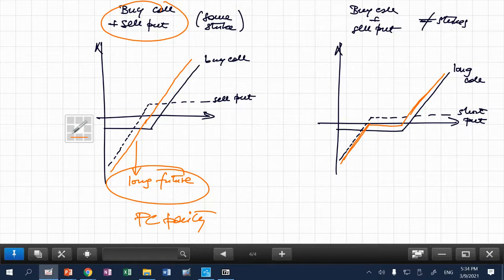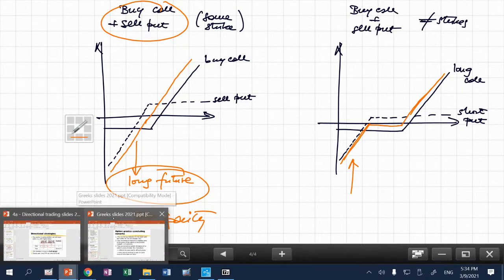price of the underlying. The unpleasant thing of this strategy, as opposed to the one that we are going to discover soon, is that, for instance, it still has unlimited losses, okay? Whereas there is something better that we are going to show you that has limited losses, limited profits, and is much nicer in terms of risk profile, because it's less risky than this kind of strategy.